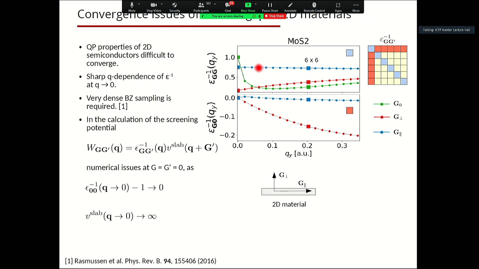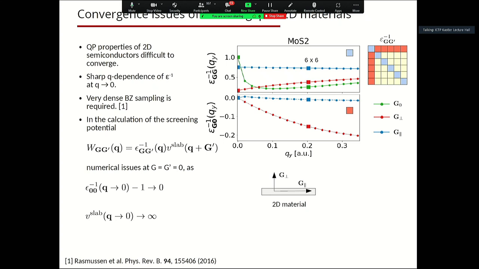And here we can see the dielectric function obtained with a fine grid, the 60 times 60, which are circles, compared with squares obtained with a coarse grid, 6 times 6, and it can be seen that this dispersion cannot be followed with a coarse grid.